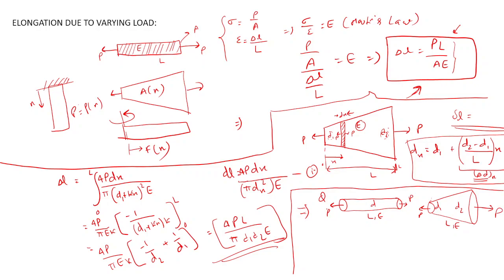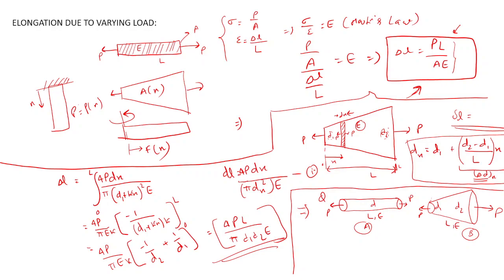So one rod is A and another one is B. A and B would be equivalent if, when we apply the same load, they show the same deflection, the same elongation. So when the elongation is the same, what is the relation between D1 and D2? That I want to ask.